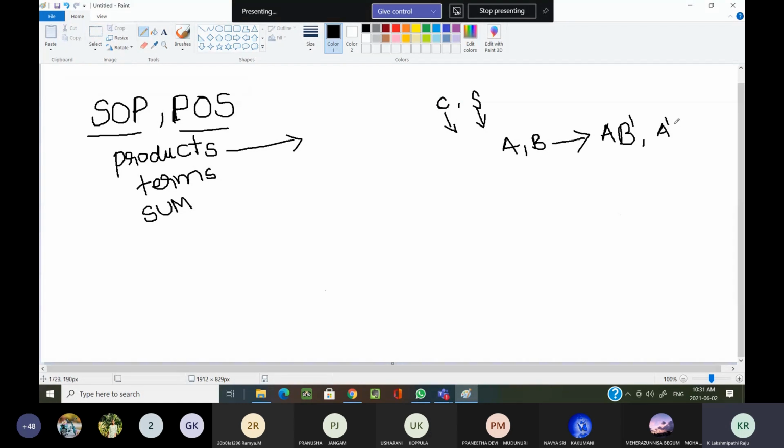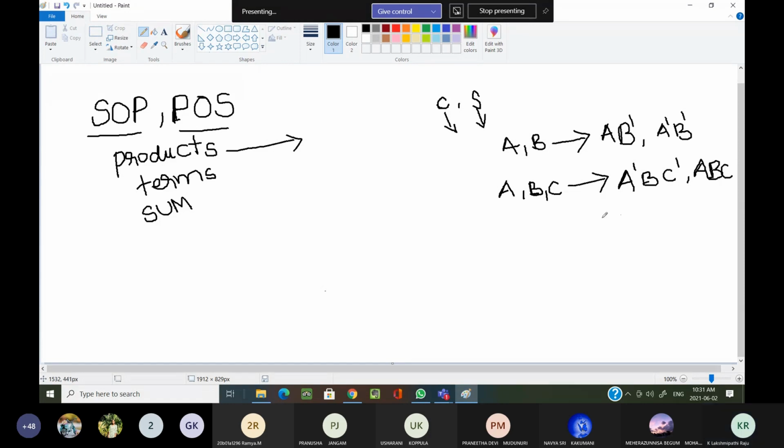If I consider 3 variables A, B, C, what are the product terms I can write? Some example product terms: A dash B C dash is one product term, and ABC is another product term.